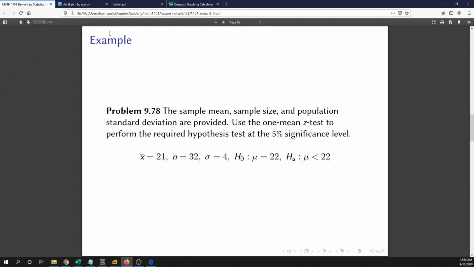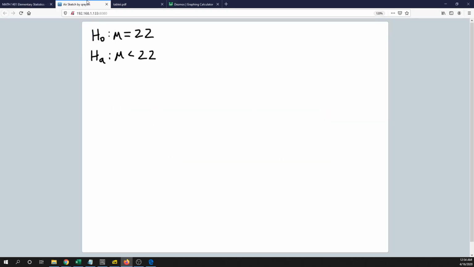Our null hypothesis and our alternative hypothesis are given to us. In this case, our null hypothesis is that the population mean equals 22.